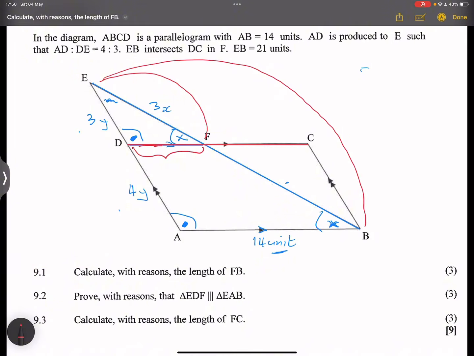The smaller triangle divided by the bigger triangle. Can you see that? Okay, so I'm going to say EF over EB is equal to DF over AB, right?